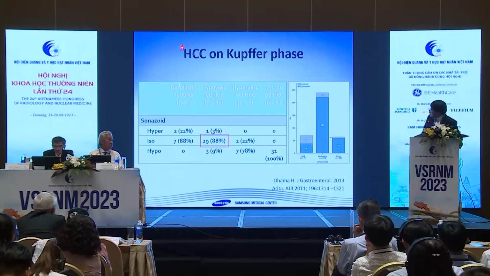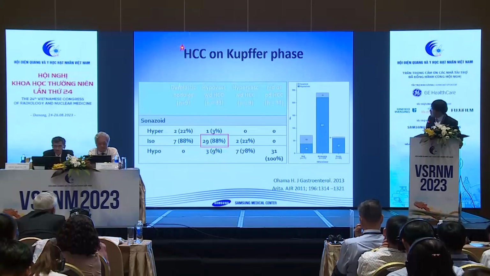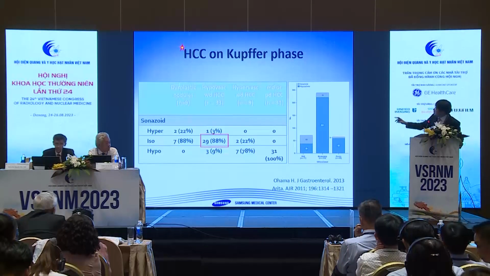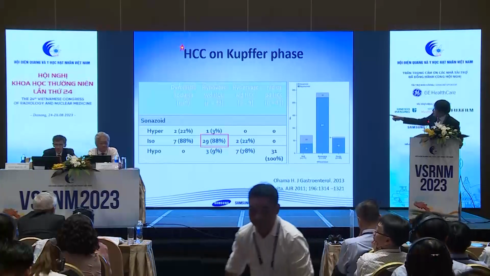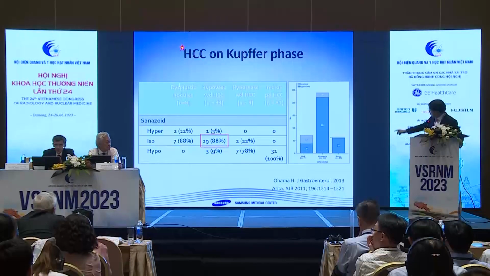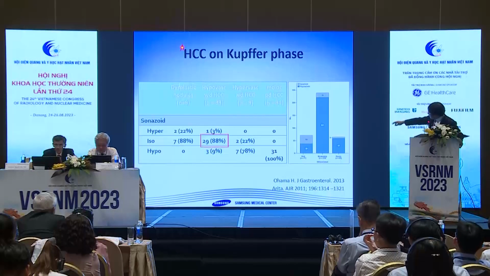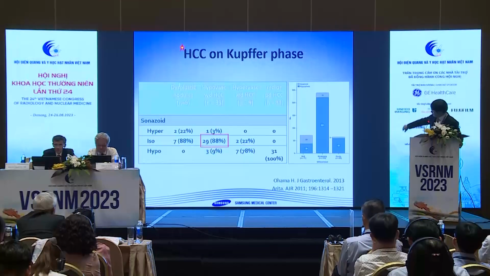But about 88% of hypovascular well-differentiated HCC is isoechoic. So it is somewhat tricky to differentiate well-differentiated HCC, which is isoechoic and also hypoechoic. Different studies showed that well-differentiated HCC is half isoechoic and half hypoechoic, but in moderately differentiated HCC most of the tumor is hypoechoic.